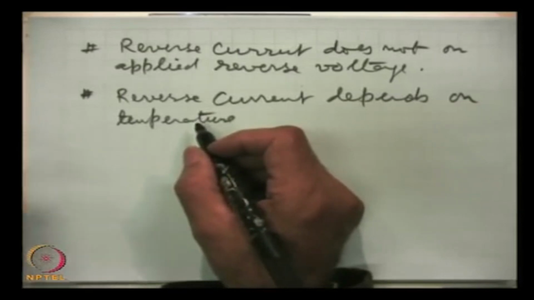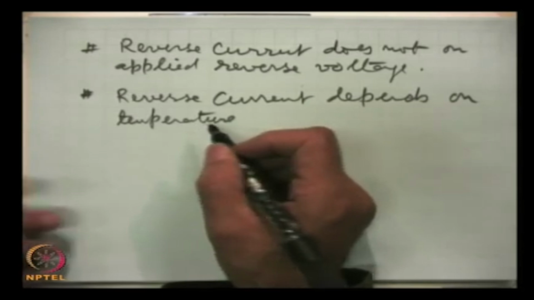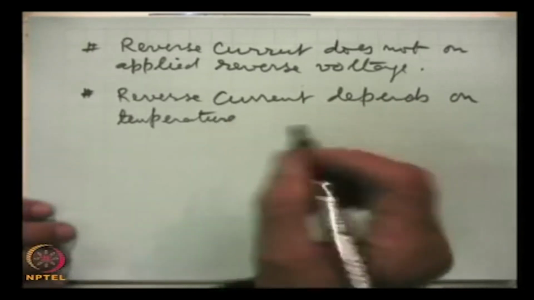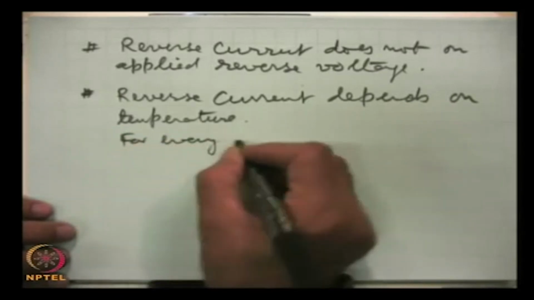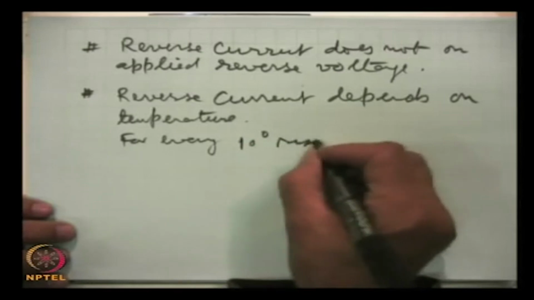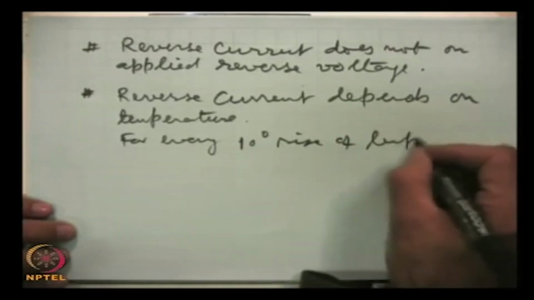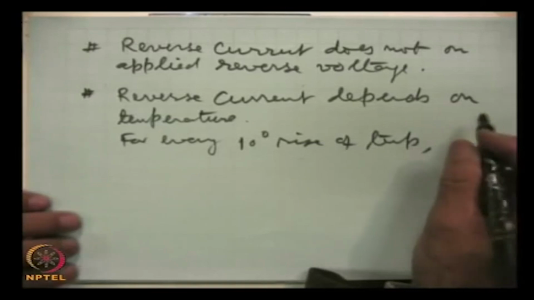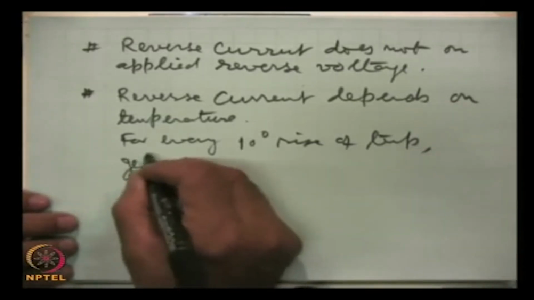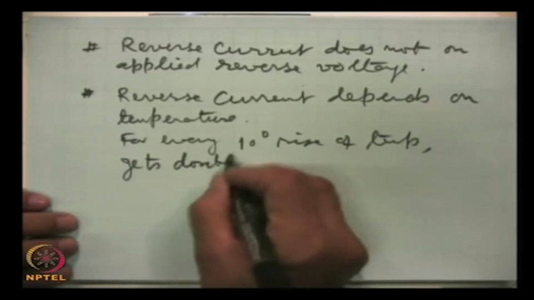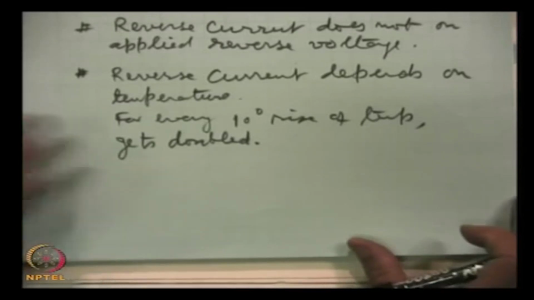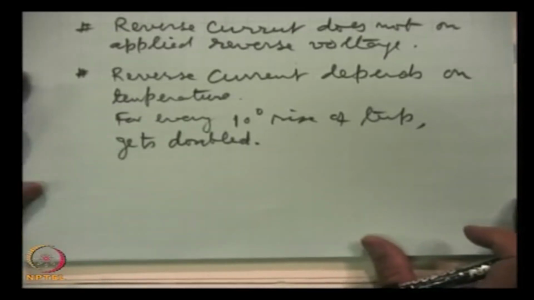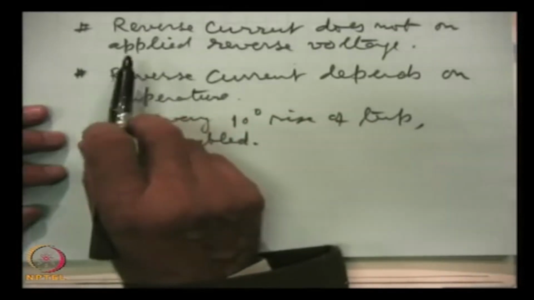Higher the temperature, higher will be the reverse current, and by one estimate, roughly for every 10 degrees rise of temperature, the reverse saturation current gets doubled. This is about the reverse saturation current, and it becomes clear that it is very small.